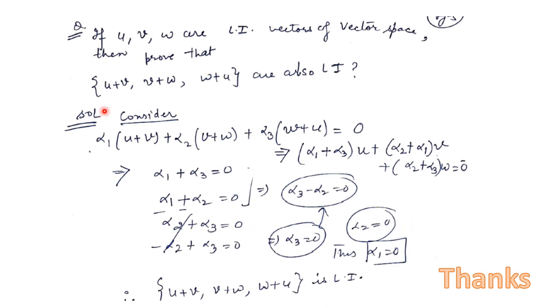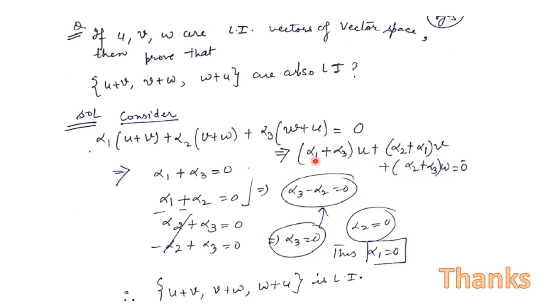So once again see, we want to show this set is LI. We take its linear combination. Now take the common terms with u, with v, with w. Since u, v, w are LI, any scalar times u plus any scalar times v plus any scalar times w is equal to 0. Each scalar is 0 by the definition of LI.